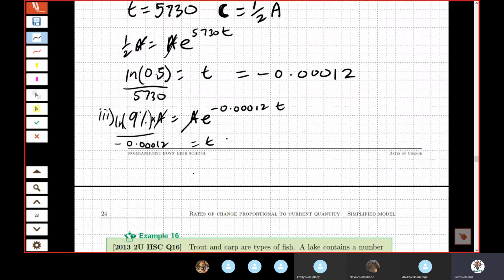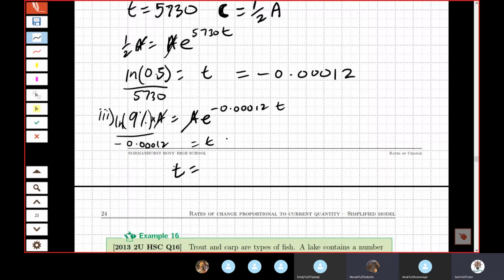What did you get on your calculator? I didn't actually do it on the calculator. Come on. Log 9% over negative 0.00012.